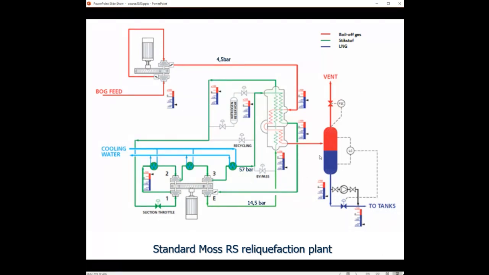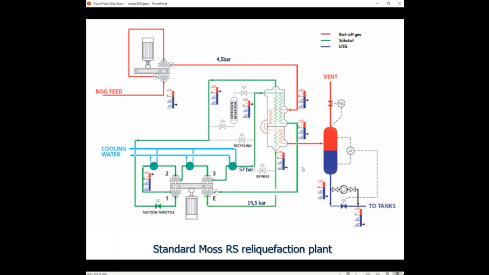When it is liquid, you see here the level controller, dotted line, to the expansion valve, exactly the same as in the previous examples. And that will go to the tanks, of course. So cargo-wise, it's very easy.